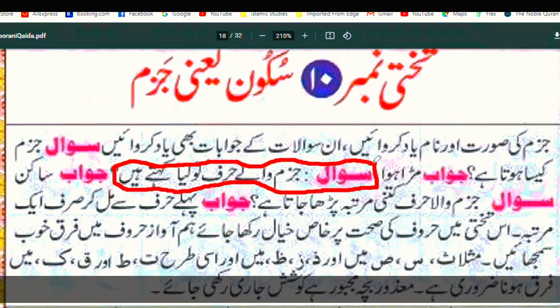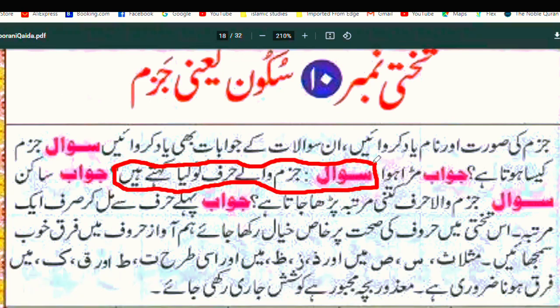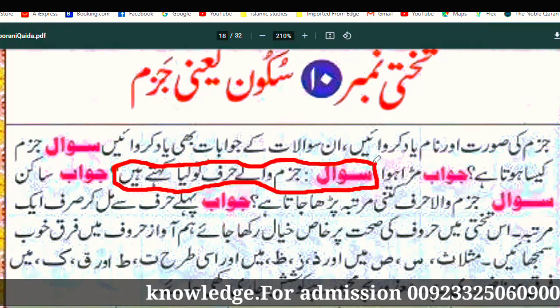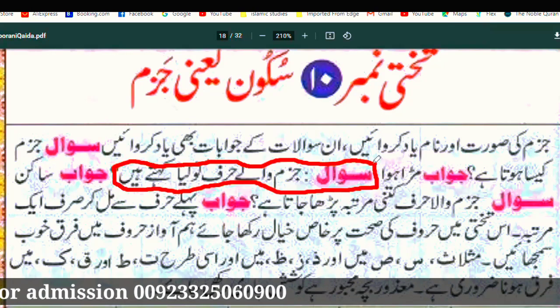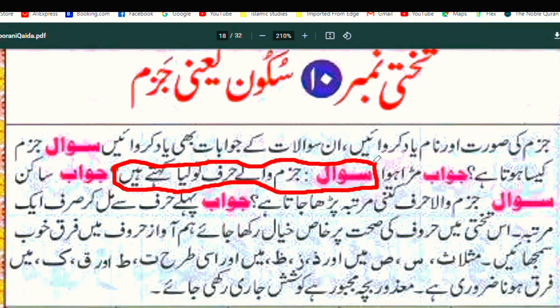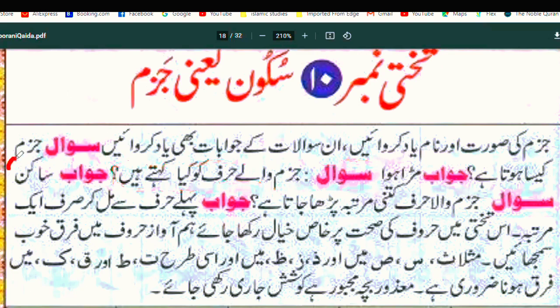But this is the other question. The letter which is carrying the jazam, what attributive name will be given to that letter? The letter which carries the jazam, what will it be called? The answer is, that letter will be called sakin.